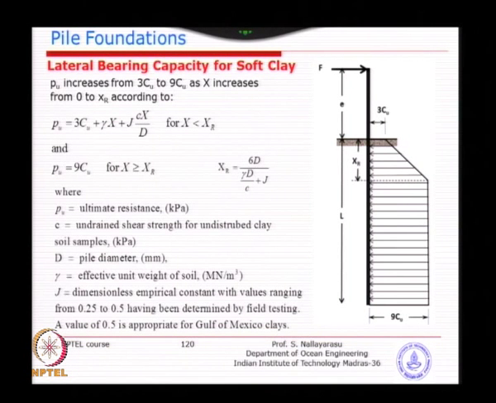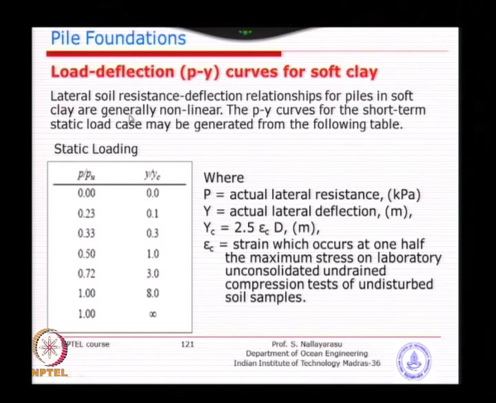T becomes T max at the maximum displacement, and the corresponding y value is given on the horizontal axis. So in this case, Pu is the ultimate capacity and Yc is the critical displacement, after which you will have plastic deformation. So we need to find out what those values are. As long as you can find out the Pu value and Yc value, you can just substitute back and get a real graph of displacement versus strength.